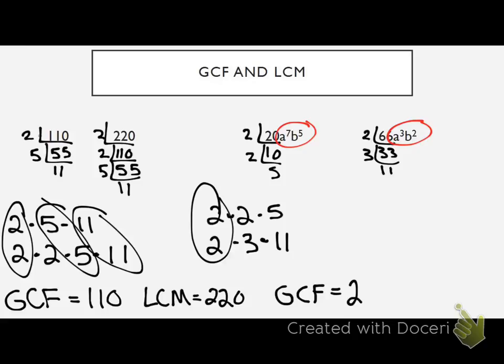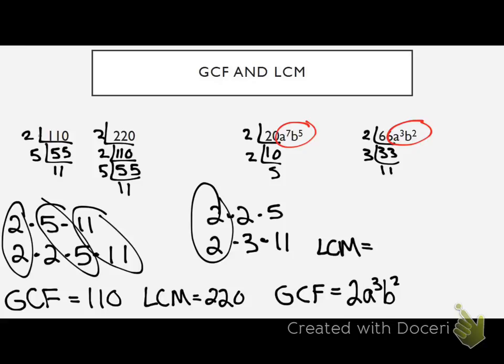We just simply look at the monomials, and for the GCF, it's going to be the lower of the 2 variables. So if I'm comparing my A values, which exponent is the lowest? A to the third, so that's the one that goes in my GCF. What about your B? B squared, so that's the one that goes in my GCF.